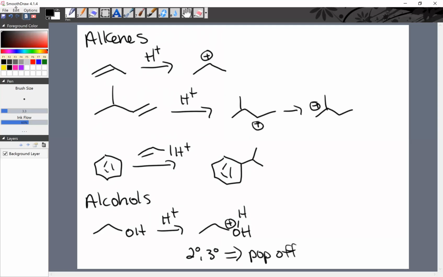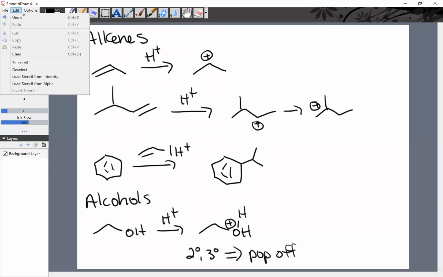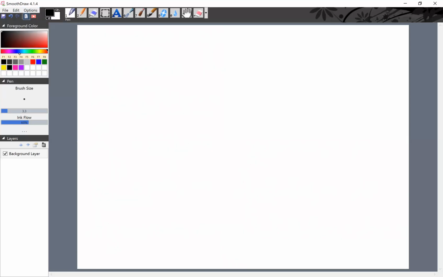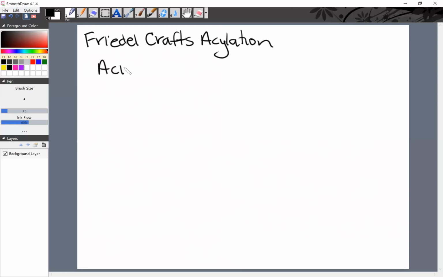Well, what about carbonyls? That would be called Friedel-Crafts acylation. And you would use either an acid halide, an acid halide or an anhydride.